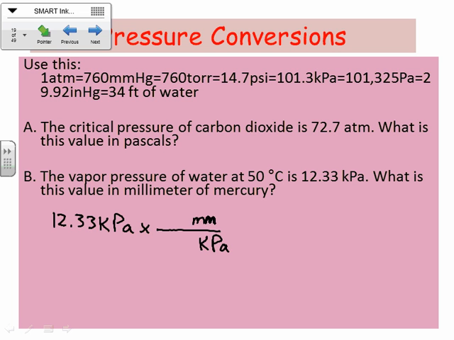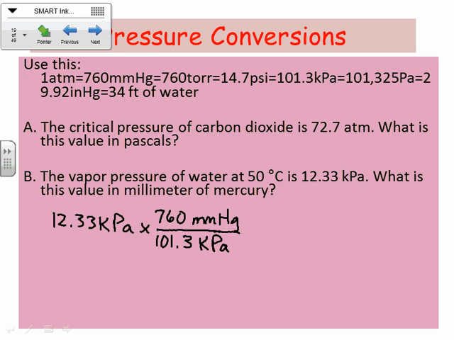We're trying to convert to millimeters of mercury. Now this is where it gets a little tricky, but you can look at this, and I've got an equality here. My equality tells me that 101.3 kilopascals is equal to 760 millimeters of mercury. So now we have a number on top and bottom.